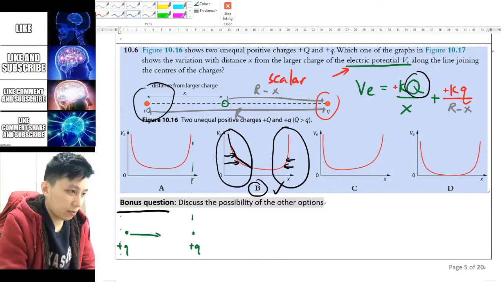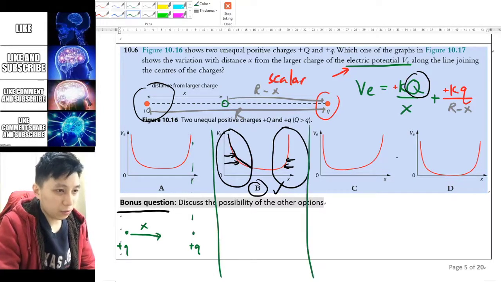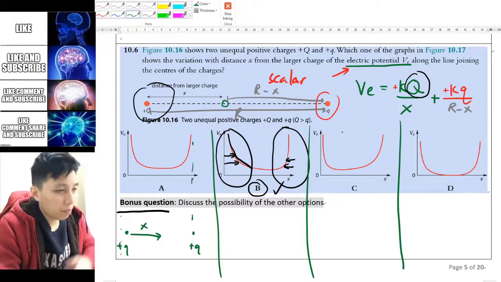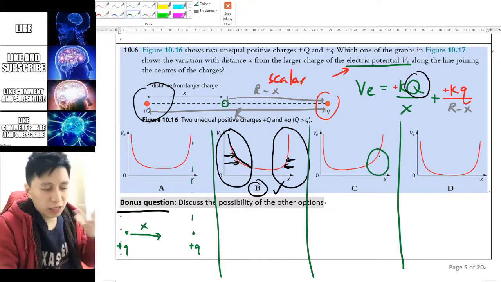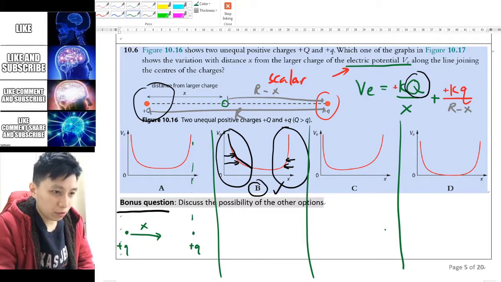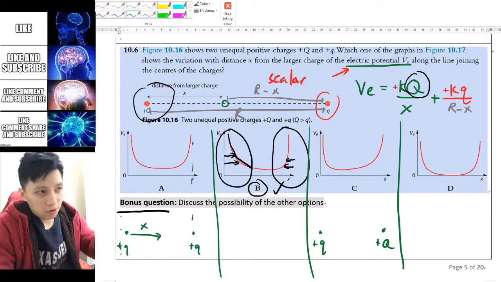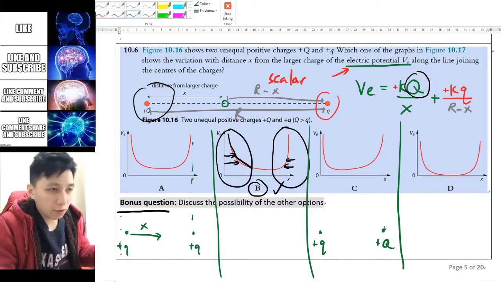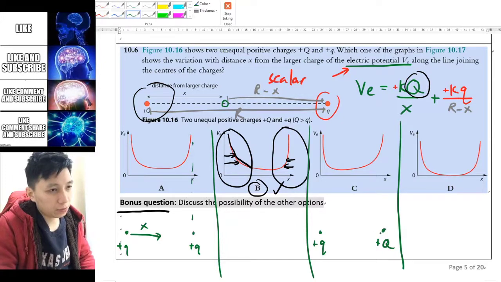Alright, so basically that's what you have for option A. Option C is like the reverse of B, because you can see this side is a bit greater than the left hand side. So you just have to reverse the question from left to right. The big Q, the greater quantity of charge, will be on the right hand side, while the left hand side will have less charge.